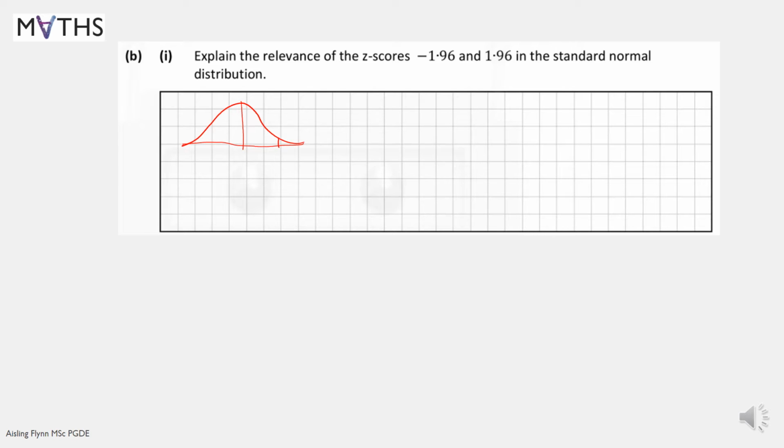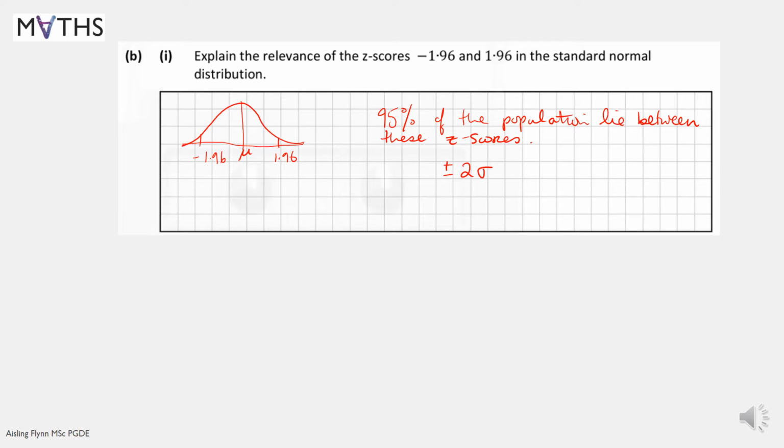So they're way up here, 1.96 and minus 1.96, and we've learned that 95% of the population lie between the z-scores of minus 1.96 and plus 1.96. They correspond to plus or minus 2 standard deviations above or below the mean, which is in the center, and anything outside of that is very much considered an outlier.